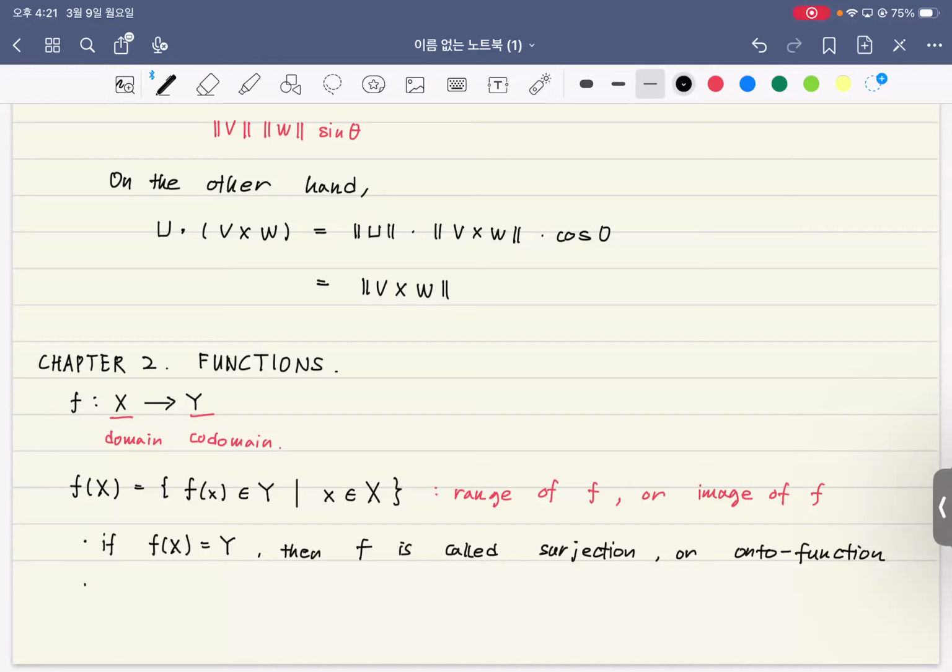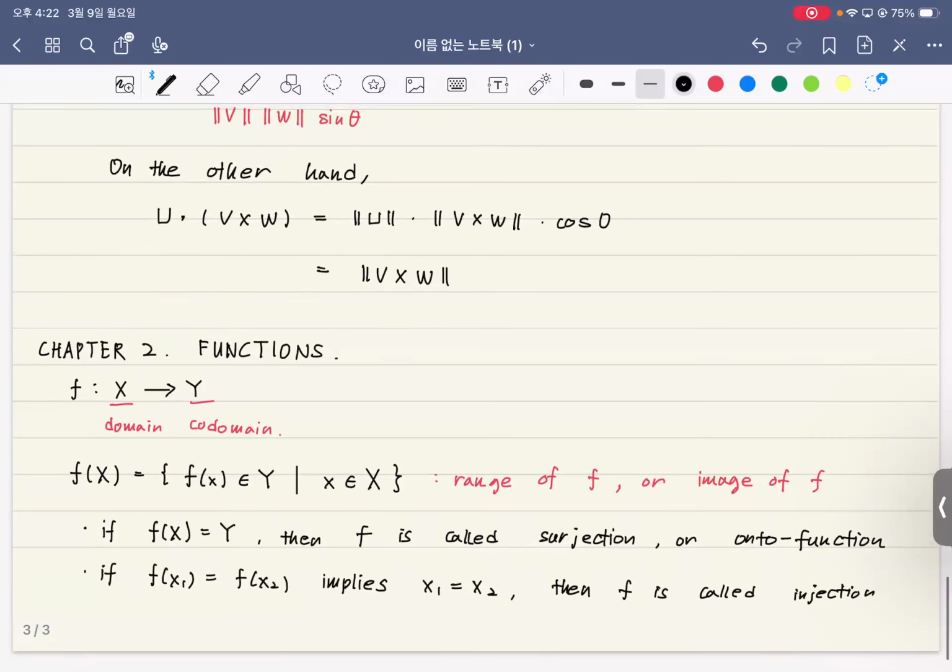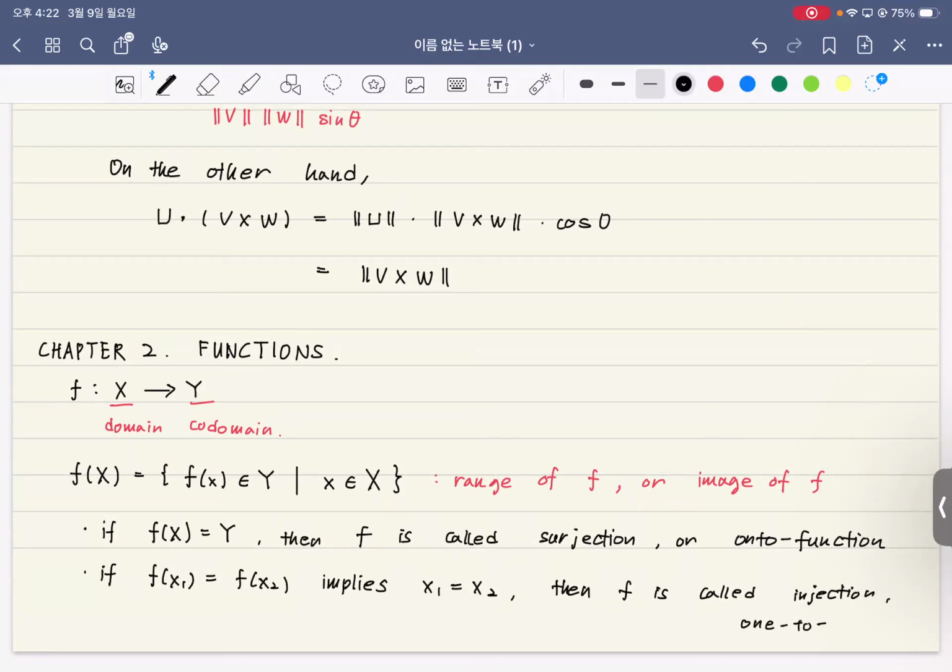And if f(x1) equals f(x2) implies x1 is the same as x2, then f is called an injection, or a one-to-one function.